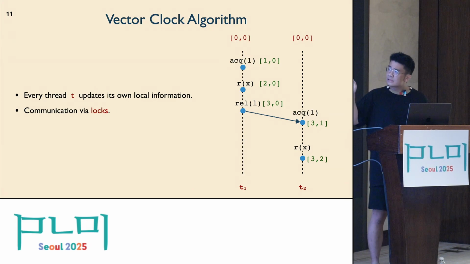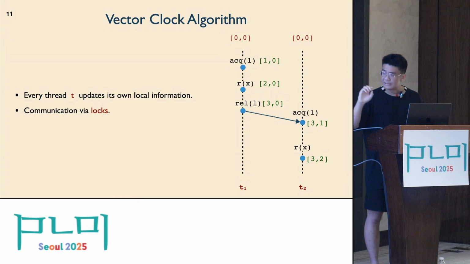Okay, and the vector clock algorithm operates in a very classic way, like a message passing algorithm, in the sense that each thread is maintaining its own local information, and they communicate this information via lock accesses, namely release and acquire. More specifically, we can think of the release as the sender of the message, and the acquire as the receiver of the message. But this communication is not free. It is achieved by vector clock operations.